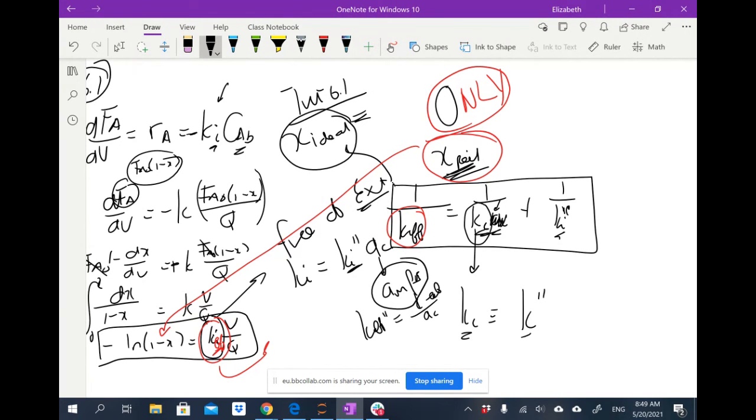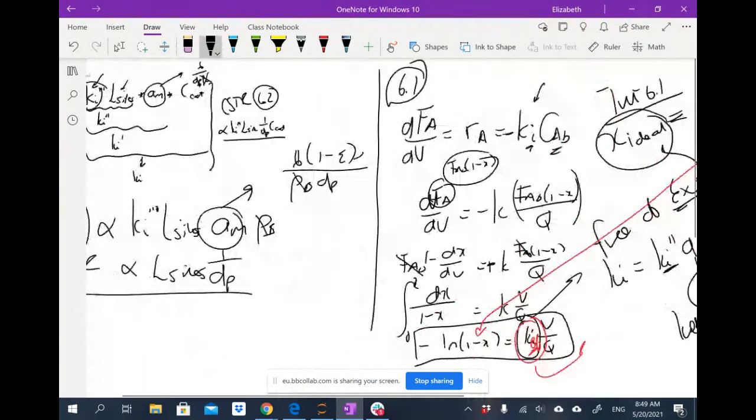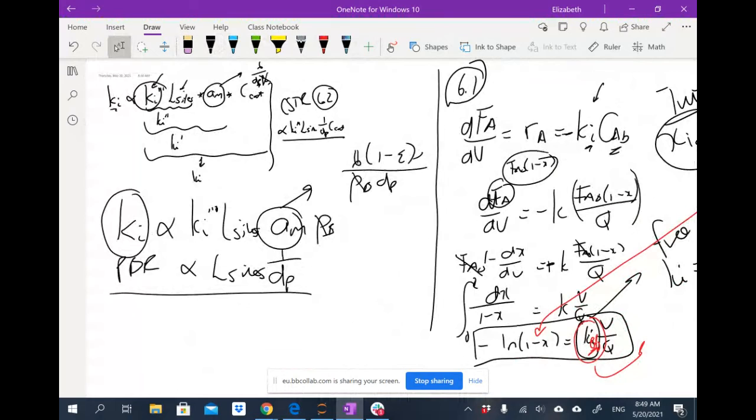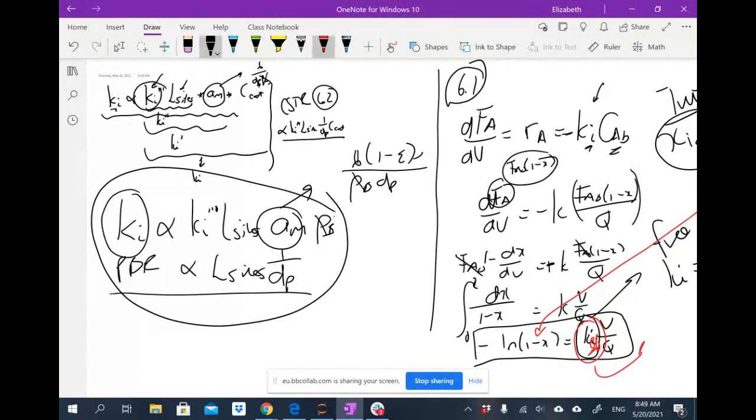And now I change stuff. I change stuff in that reactor, and now you have to use your proportionalities to realize if I change stuff, did I change anything here? Okay, so we're in a packed bed reactor. Did I change anything here in my proportionality chain as far as the rate constant is concerned? I didn't change that because I have the same active sites.